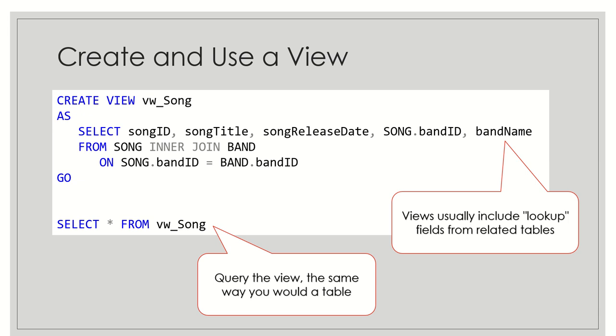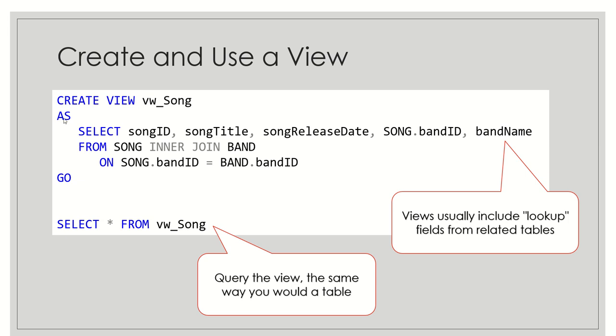So here's an example of creating a view. So we start off with a create statement, and then the word view, and we give our view a name. Now, typically, views begin with the prefix VW underscore, or sometimes you'll see it as just V underscore.